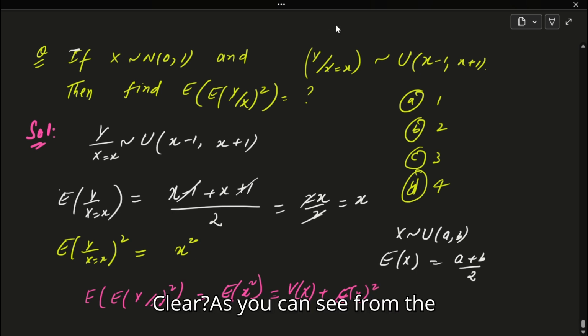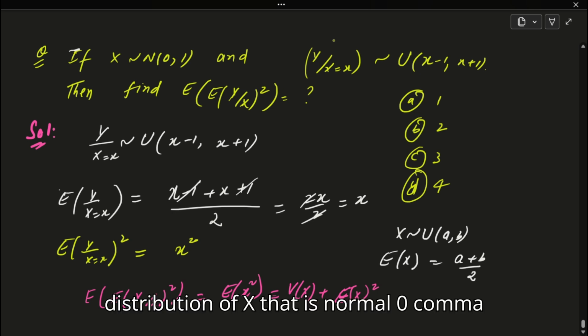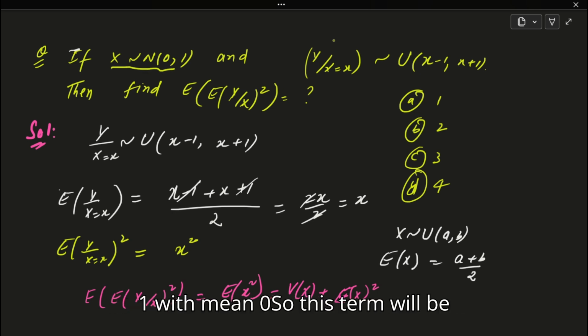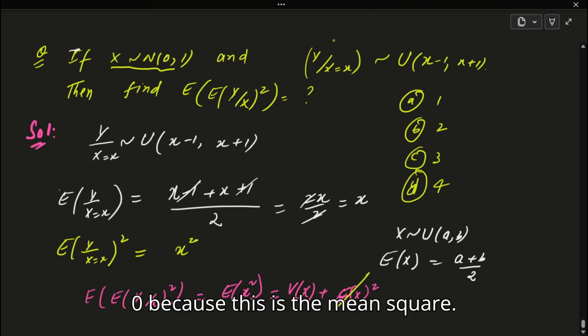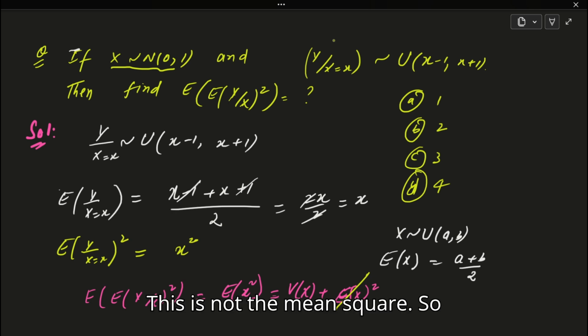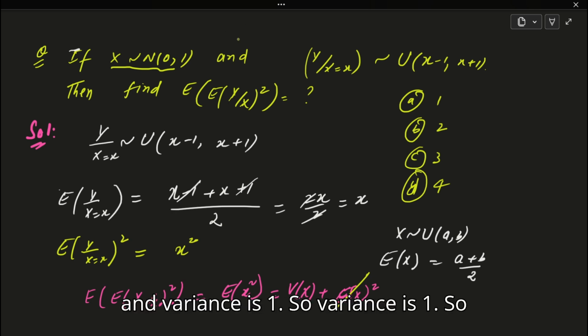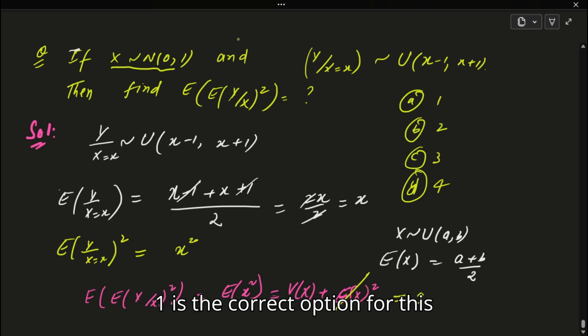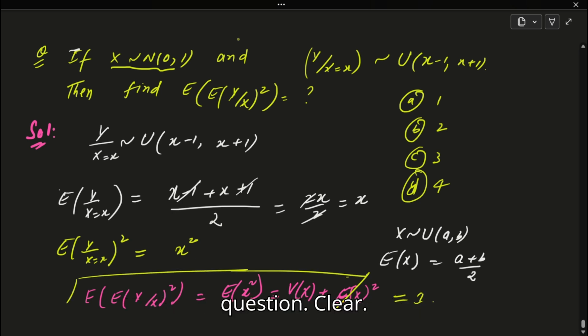As you can see from the distribution of x, that is normal 0 comma 1 with mean 0, this term will be 0 because this is the mean square. And the variance is 1, so 1 is the correct option for this question. Clear?